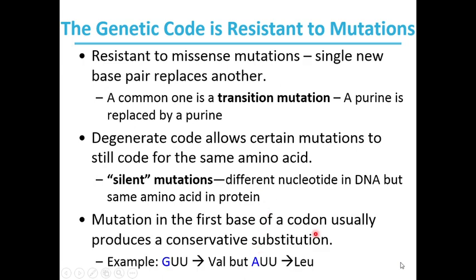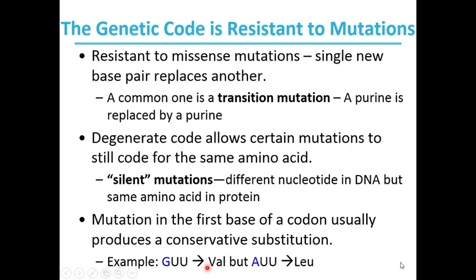Mutation in the first base of a codon usually produces a conservative substitution. For example, substitution in the first base of the codon from GUU to AUU translates a leucine instead of a valine.